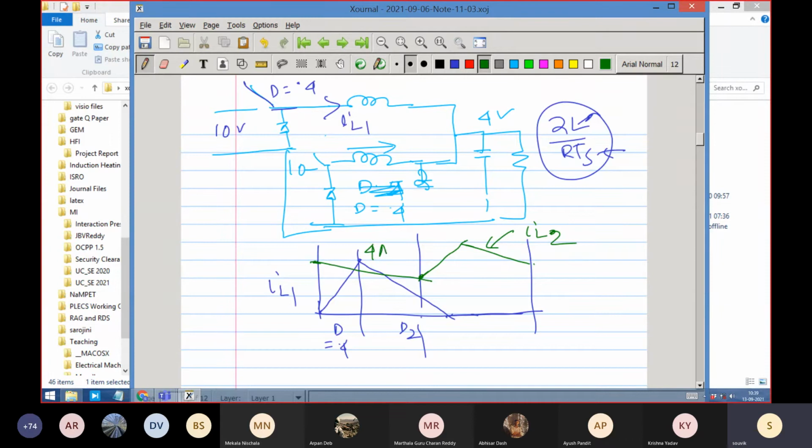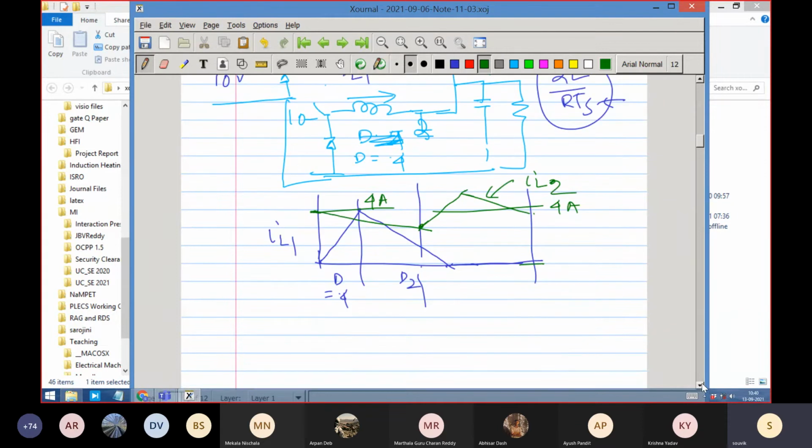Let me choose this current to be 4 ampere, and let me choose that the average value of this current is approximately the same, 4 ampere. One case I have taken the peak value as 4 ampere, another case the approximate value. What is the slope?